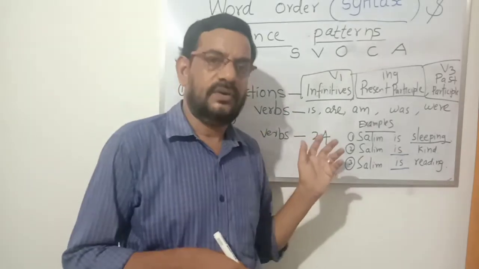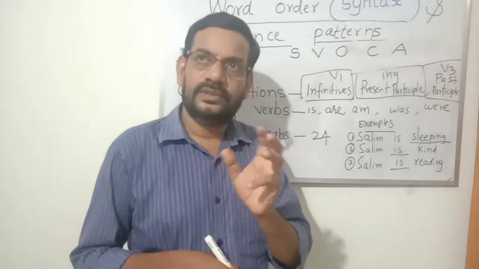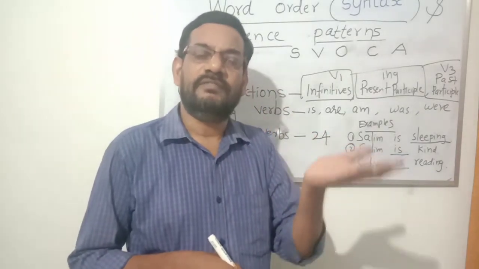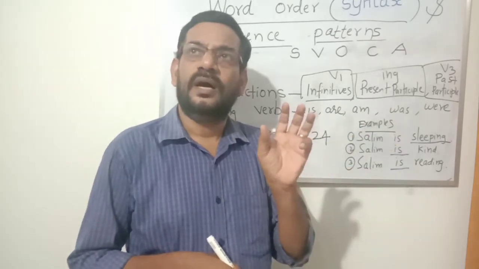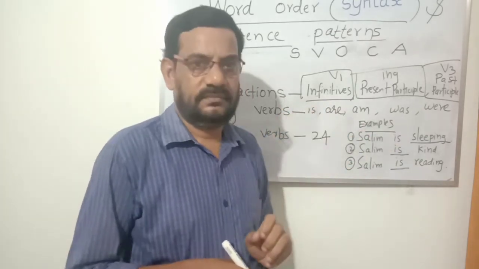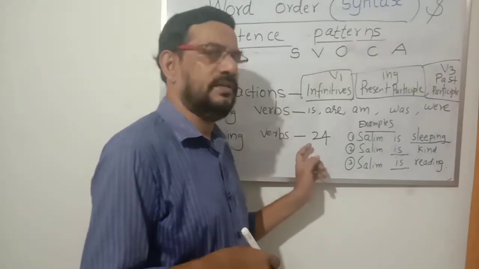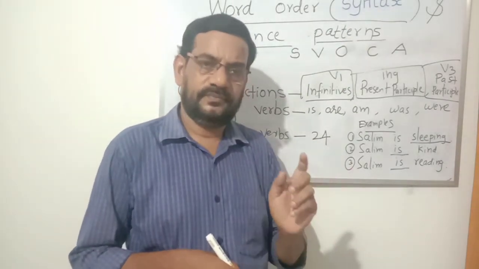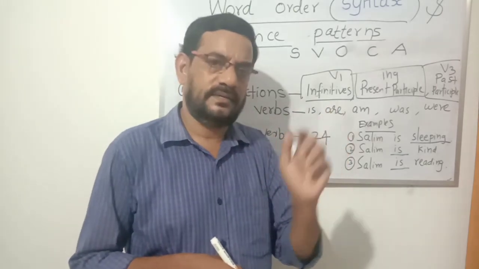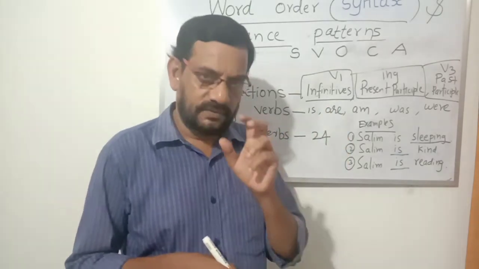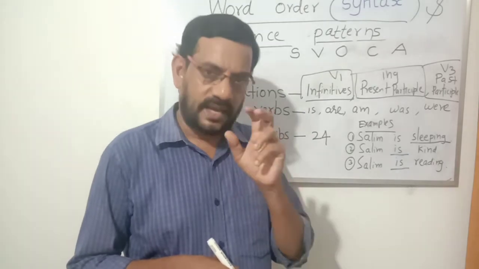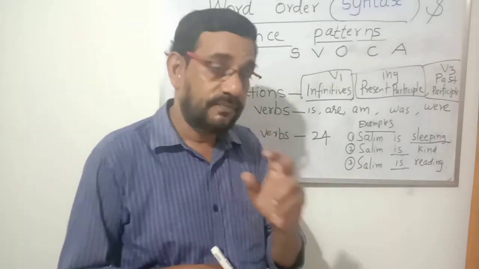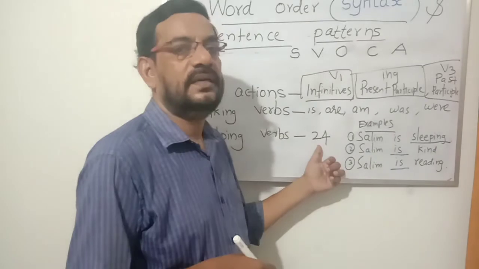These helping verbs are used to support the main verbs, to make the main verbs happen. So there is a happening concept in this. Without helping verbs, no main verb can act. Understood? Main actions can act only with the help of these helping verbs.